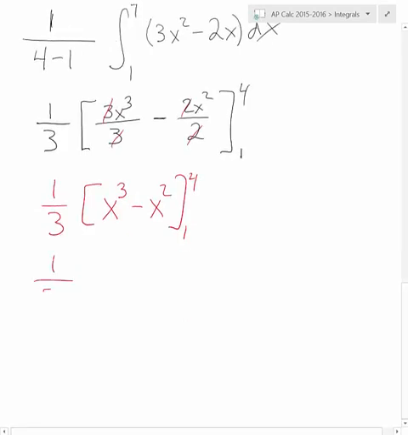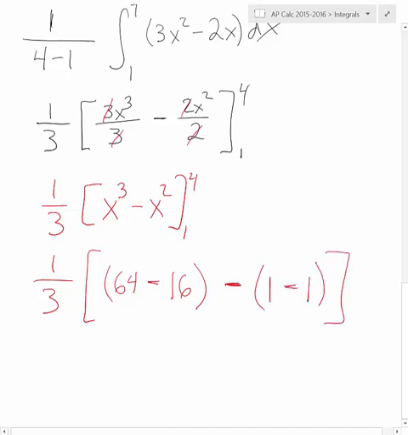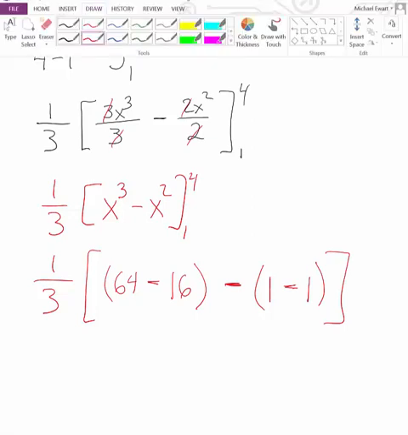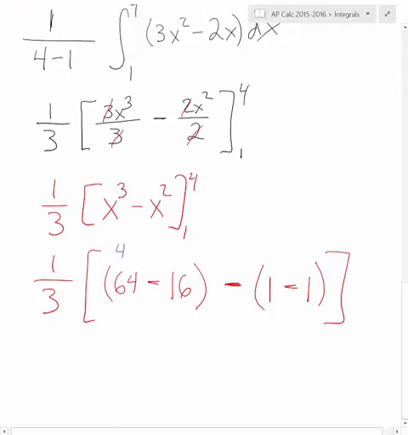You're going to leave this 1/3 on the outside, and then we plug in 4. 4 cubed is 64, minus 4 squared is 16. Then we subtract. We plug in 1. 1 cubed is 1, minus 1 squared is 1. So what I did is I skipped a step, but this was 4 cubed minus 4 squared, minus 1 cubed minus 1 squared.